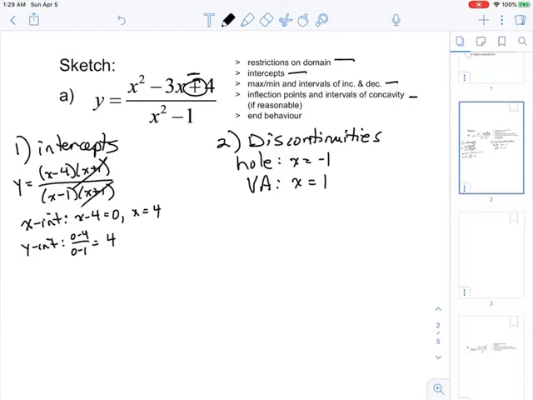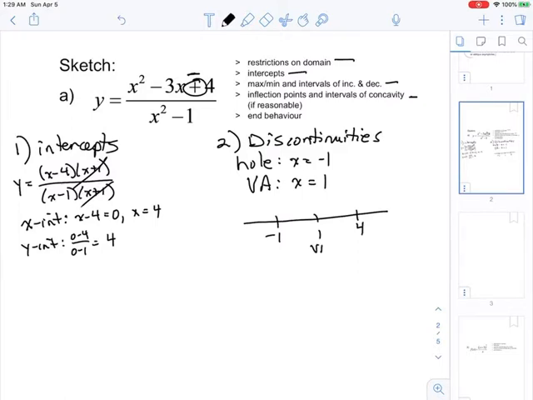Alright, discontinuities. There's a hole, as I said, at x equals -1. There's a vertical asymptote at x equals +1. So we're going to do a plus-minus chart here, and there's an important point at -1, an important point at 1, and then there's an important thing going on at 4.